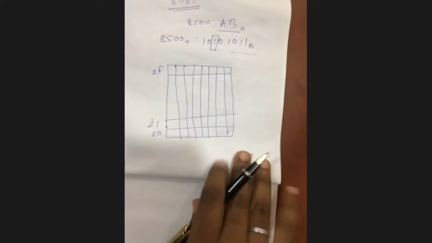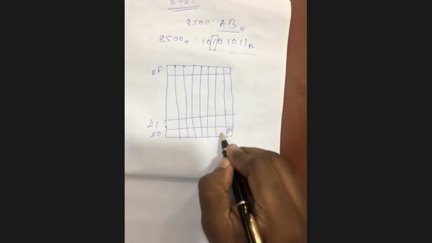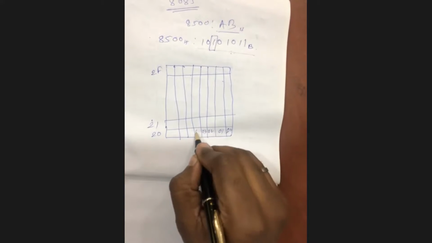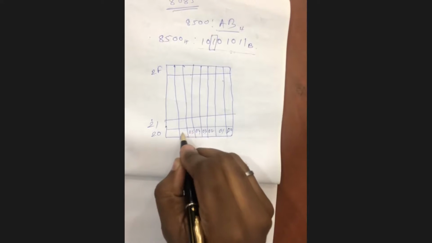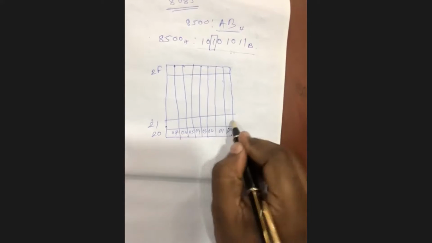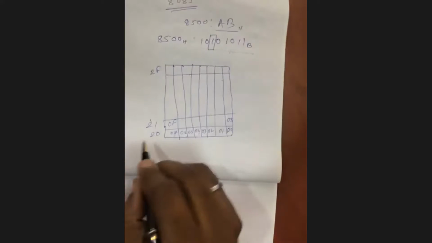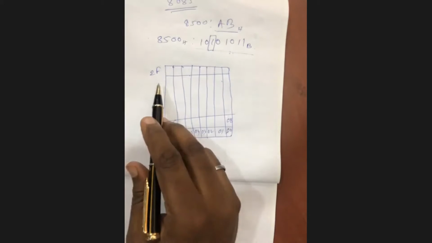This is 00, 01, 02, 03, 04, 05, 06, 07, 08 up to 0F. How many memory locations are there from 20 to 2F?